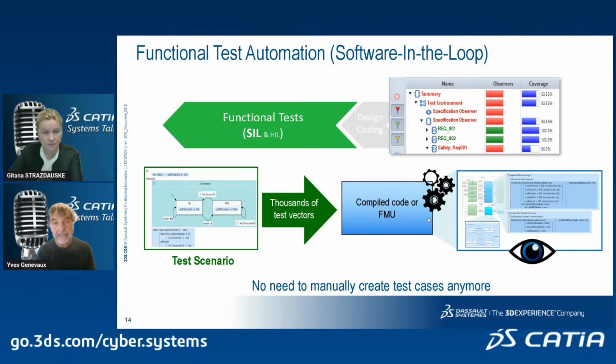And that is immensely more effective than the classic manner, because you can get a huge amount of test vectors generated from each test scenario or use case that you have identified, get a massive amount of executions, and detect automatically every violation of every requirement. This is immensely more effective than the traditional manner.